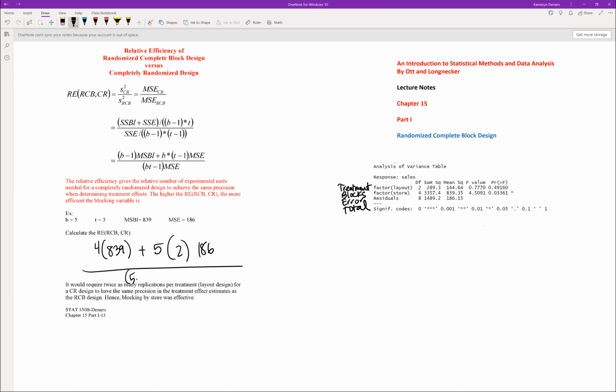So that's 5 times 3 minus 1, or 14, times our mean squared error, which is 186.